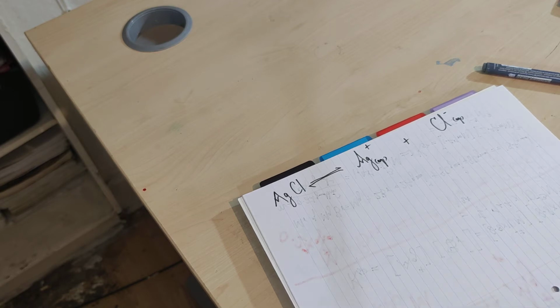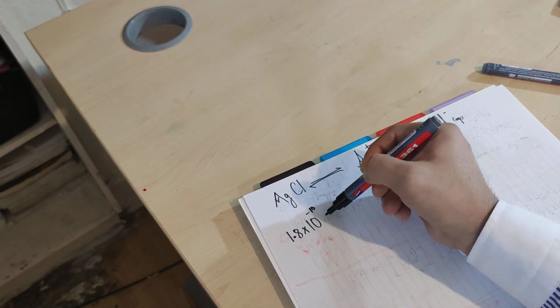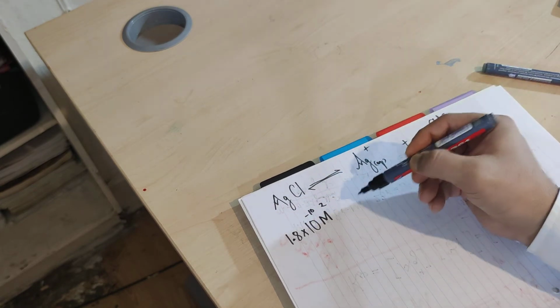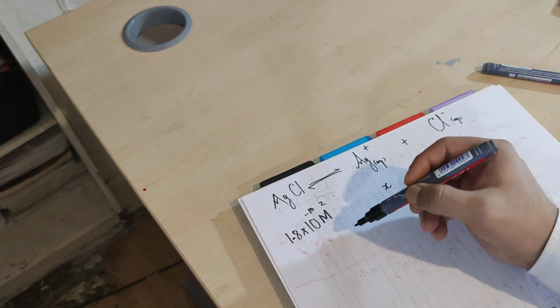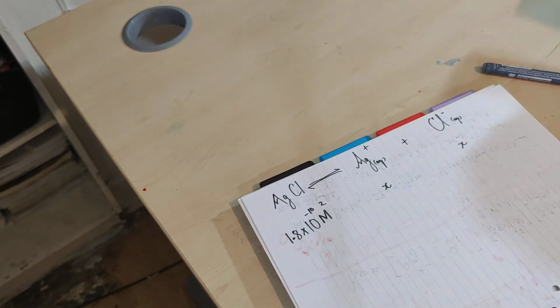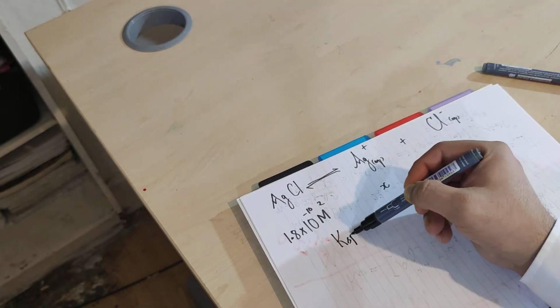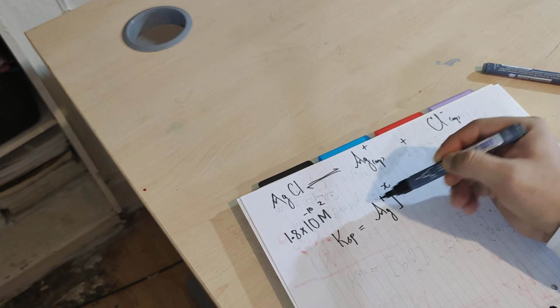And if they say that the solubility product is 1.8 times 10 to the power minus 10 molarity squared, what is this and what is this? That's going to be quite easy, because you just need to underroot it and you'll get the answer. But you still have to do the work. You'll have to actually write in everything, otherwise you won't get the marks.